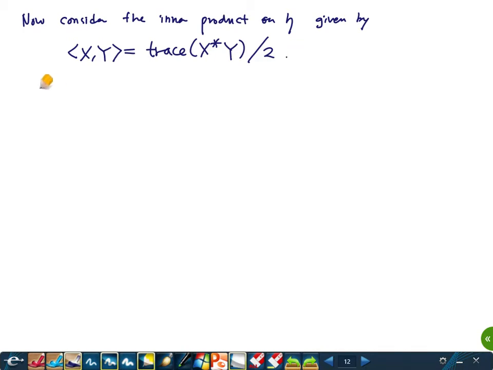And consider this matrix again. This is the same one, H, where of course di or dj is the 2 by 2 matrix of this form. Okay? Let's consider H.